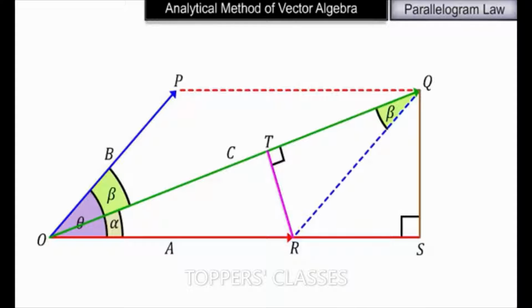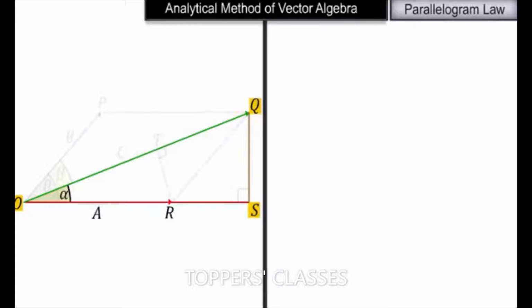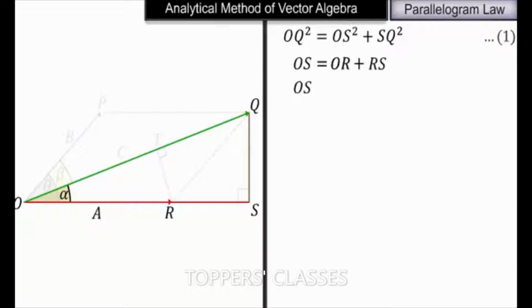From the triangle OSQ, we can write OQ square is equal to OS square plus SQ square. Let this be equation 1. As point R lies on the straight line OS, we can write OS is equal to OR plus RS and OS is equal to A plus RS. Let this be equation 2.